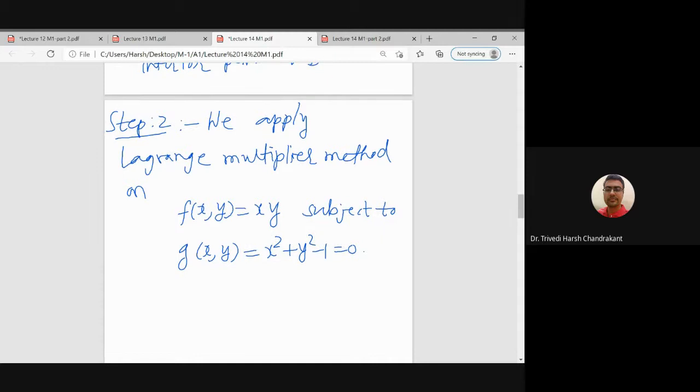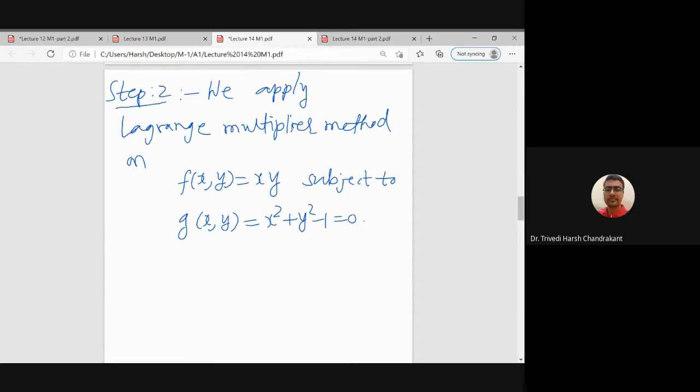Once again, to apply the Lagrange multiplier method, we need to check that the gradient of g is non-zero on the points of the curve. Let us write a remark: note that the gradient of g is gx, gy, a two variable gradient.